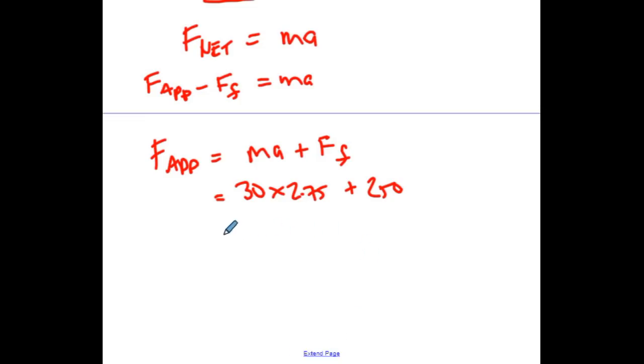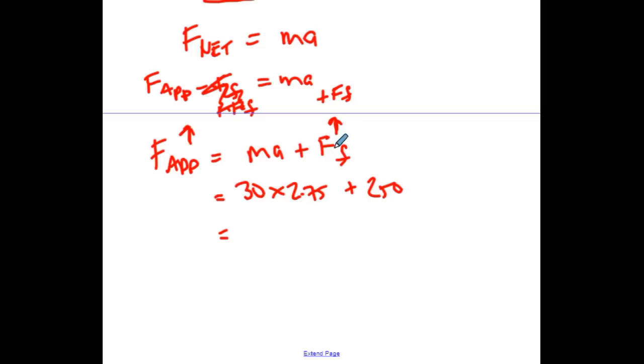Now, this is a good time to talk about why on this side of the equation it was being subtracted, but then when you added FF to both sides to solve it algebraically, hopefully this makes logical sense: you have to figure out how much mass and acceleration you have, but then you're going to need more applied force because you need more to make up for your frictional forces.